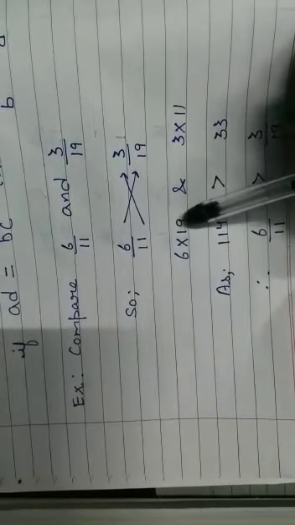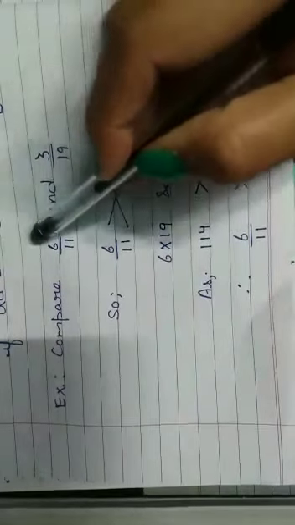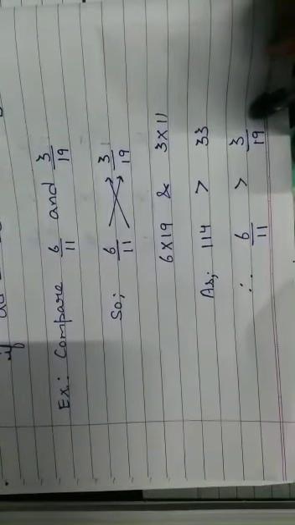Here AD, that is 6 into 19, is equal to 114, and BC is equal to 33. So here we can see that 114 is greater than 33. That's why 6 upon 11, the first fraction, is greater than the second fraction, 3 upon 19. Okay, clear? Good.